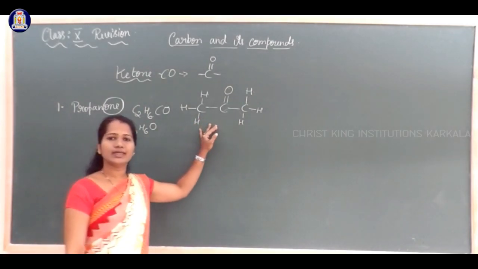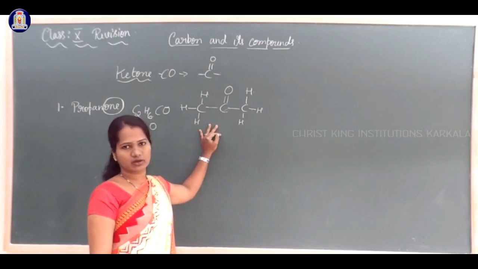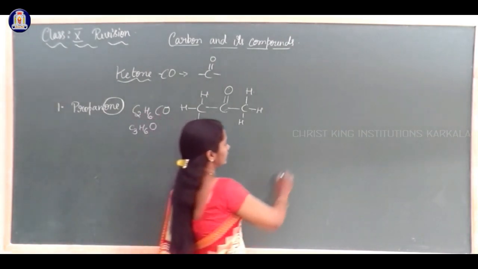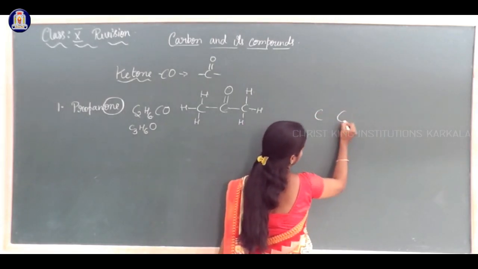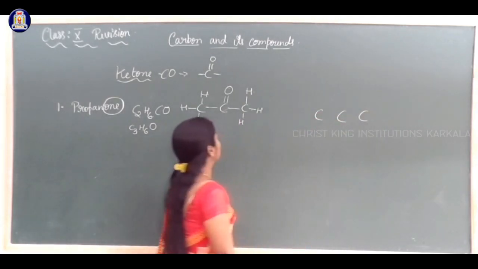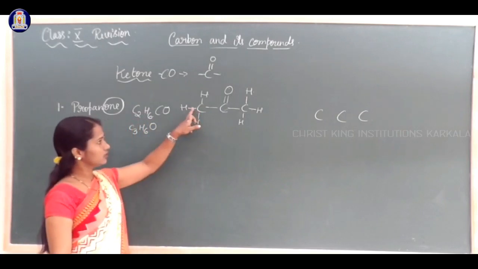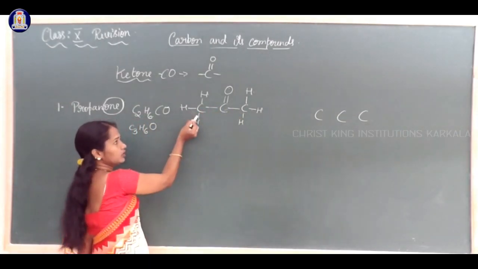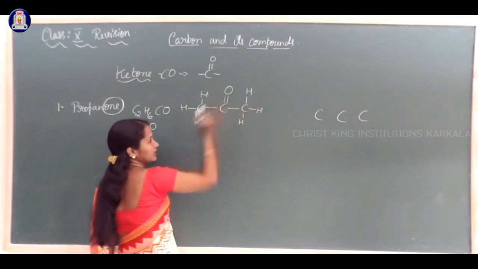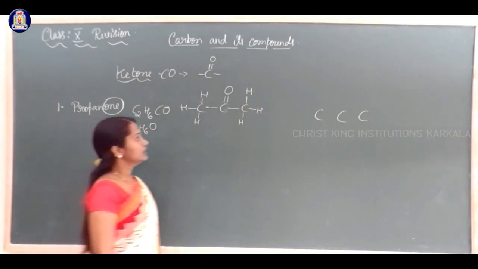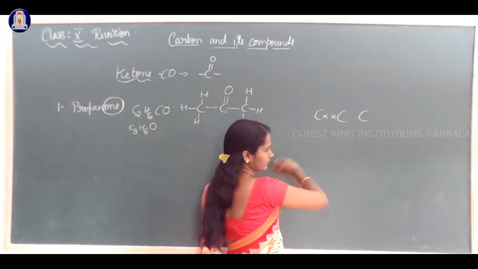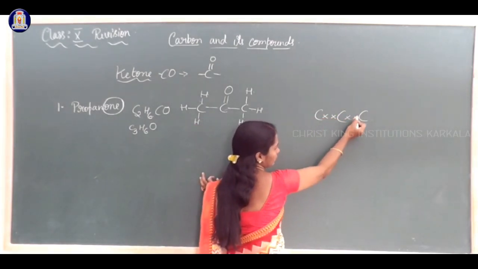Now how to write the electron dot structure of propanone? To write the electron dot structure, first write 3 carbon atoms in a straight chain. Then you see there is a single bond between the carbon atoms and a single bond with the hydrogen. So first I complete these single bonds. A single bond means one pair of electrons.